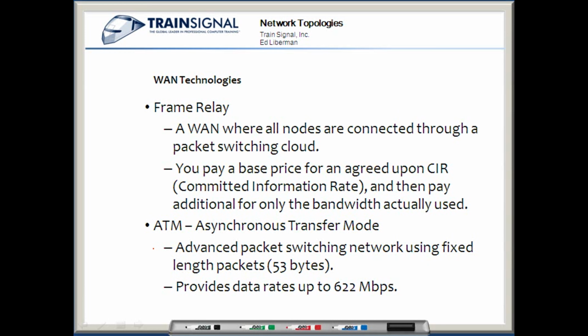And actually, it has been known to be double that. It's been known to be a little over a gigabit through compression. So ATM, the main thing I want you to remember is the two bullet points I have here: 53 byte fixed size packets and data rates up to 622 megabits per second.